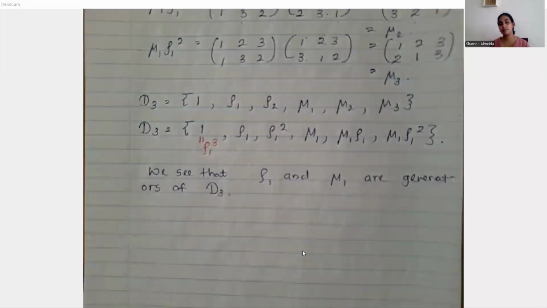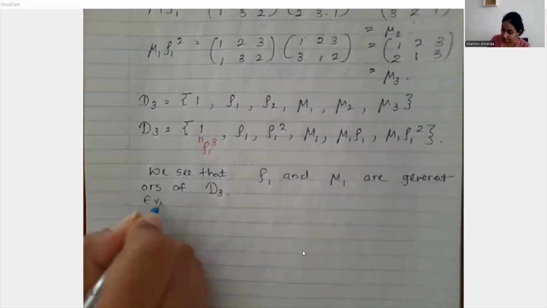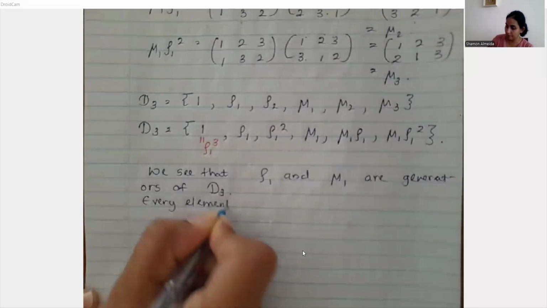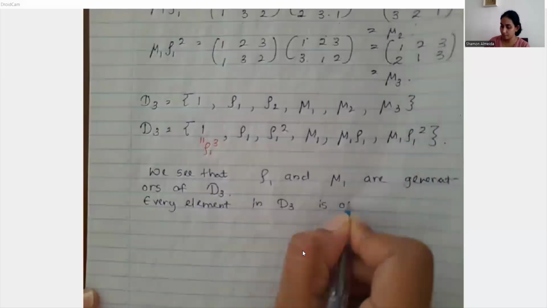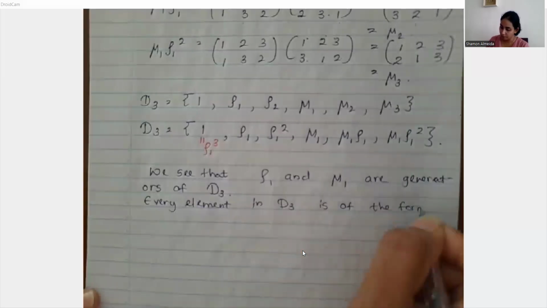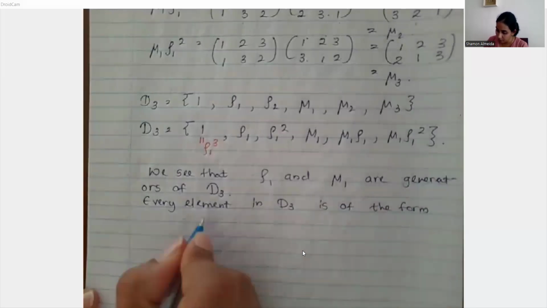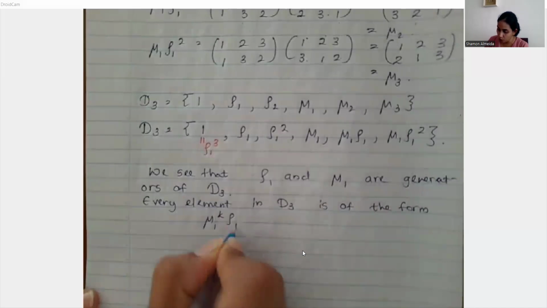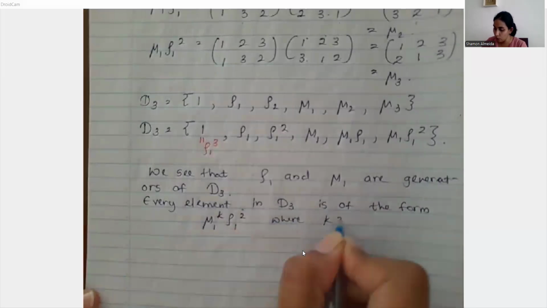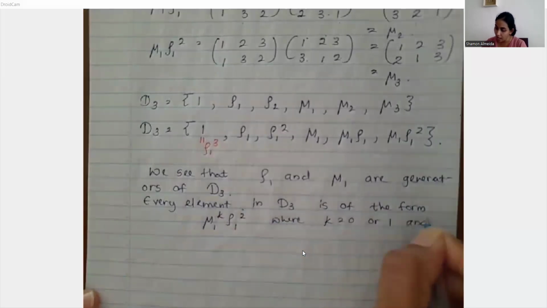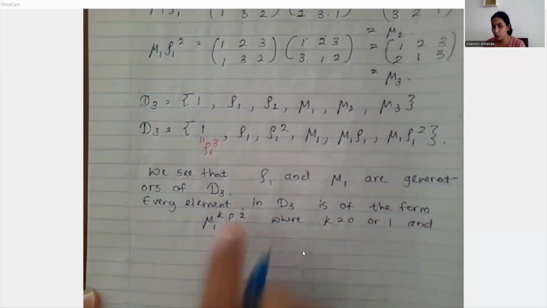So every element in D3 is of the form mu1^k rho 1^i, where k is either 0 or 1, and i can take the values 0, 1, and 2.